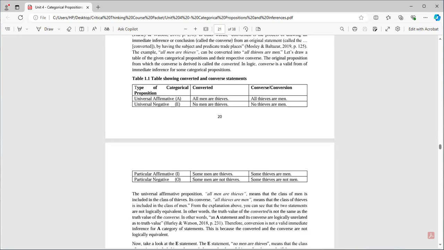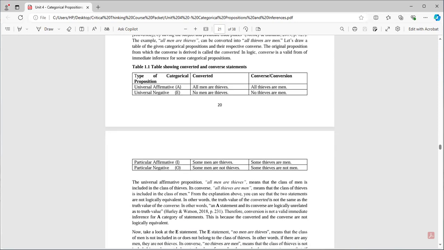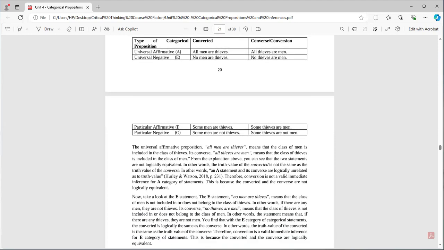Then for universal negation, no men are thieves. If we find any man, any member of the class of men, that man is not in the class of thieves. So no man at all can be a thief.